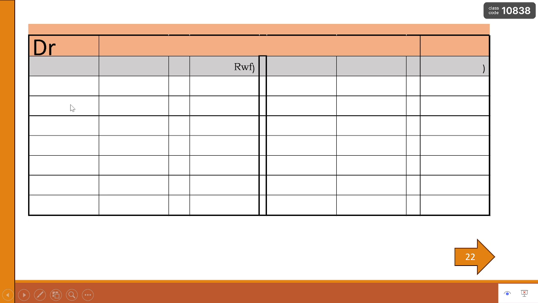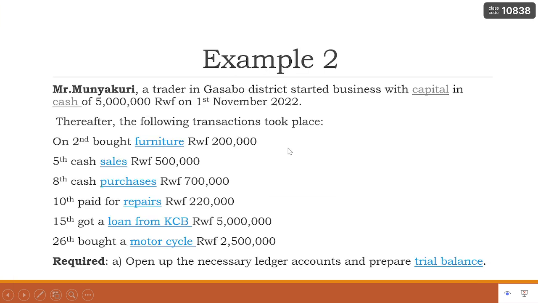Remember the structure of the account. Never you forget debit, credit, and all these details. So the question will be: which account shall we debit, which account shall we credit? Remember, cash is an asset, and we have two types of account here, the capital account and the asset account, which is cash.